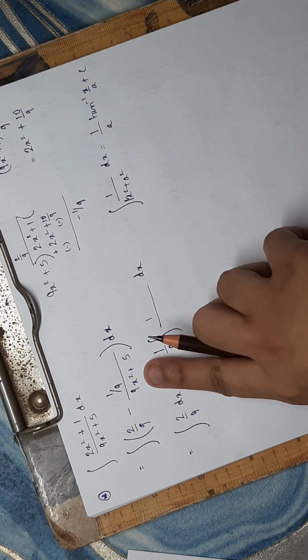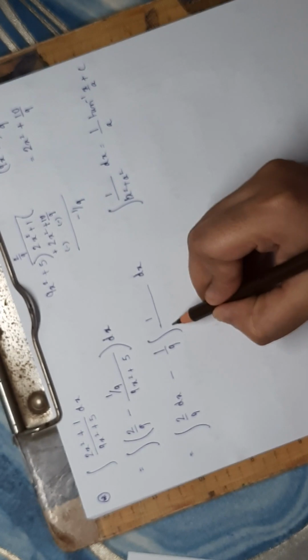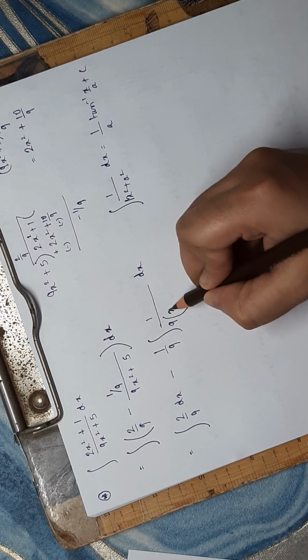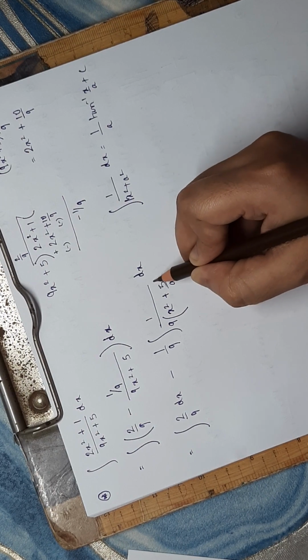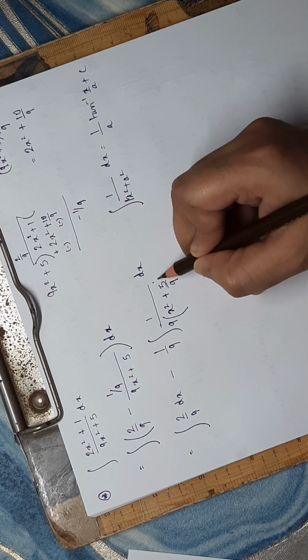So our first responsibility will be to remove the coefficient of x square. How can we do that? Simply take 9 common. If I take 9 common, then here I will get an x square, and what about the 5? I'll get a 9 in the denominator. Will I or will I not?